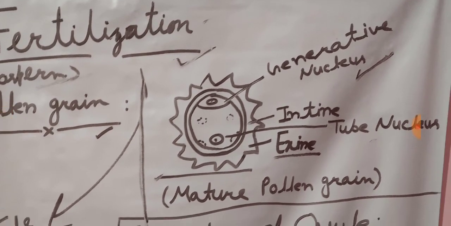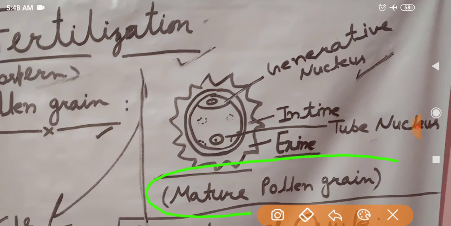It is a microscopic structure, not seen by the naked eye. The pollen you read about in the structure of the flower, in which pollen grains are found, are very minute structures.